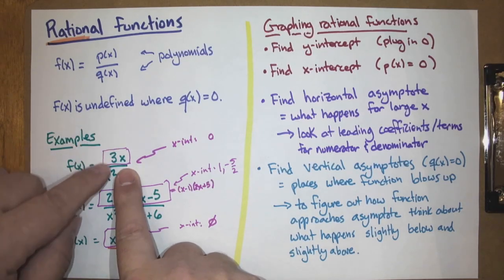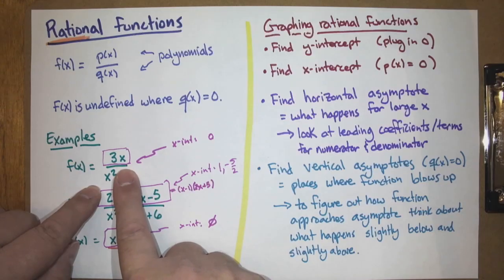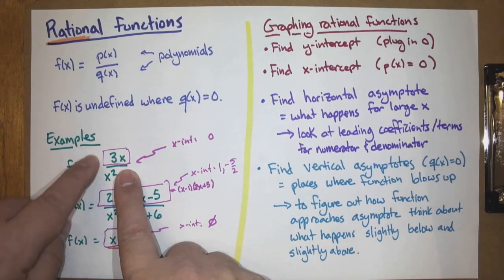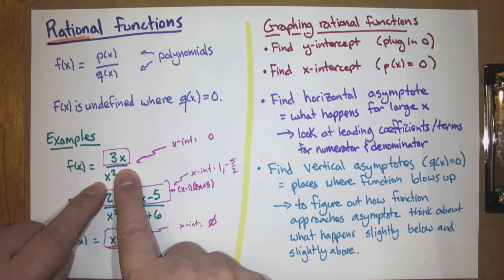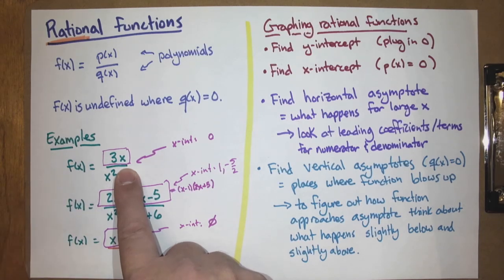So if I ignore the small stuff, for large values of x, this looks like 3x over x squared, also known as 3 over x. What's happening to 3 over x for large values of x? So x is large. What happens? It gets small.